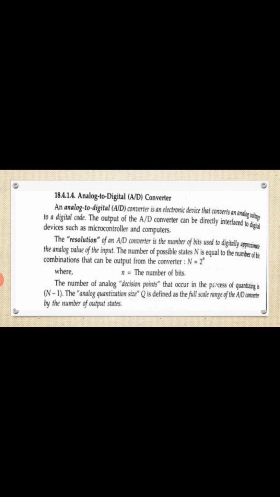The number of possible states N is equal to the number of bit combinations that can be output from the converter, expressed as N equals 2 raised to n. If you take an ADC that is 4 bit, 8 bit, or 10 bit, you will come to know the number of possible states N, where n is the number of bits.